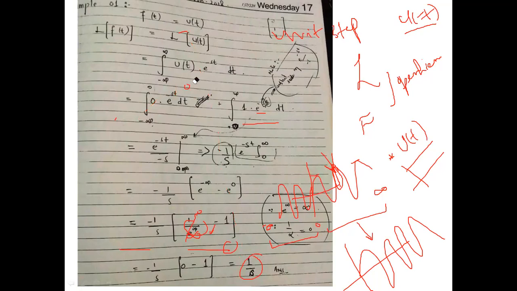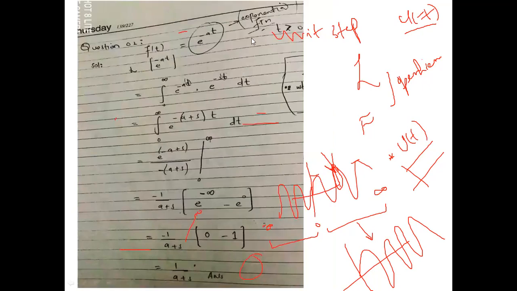Now for example we have the exponentially decaying function e raised to the power minus at. So Laplace of e raised to the power minus at, multiplied by e raised to the power minus st. Here it is given that t is greater than 0, so we will consider only the unilateral case, from 0 to infinity.